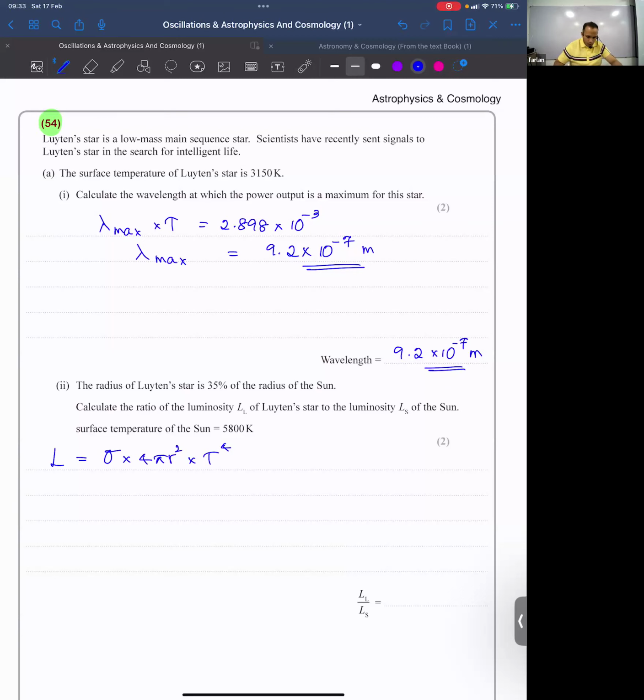Correct? So if I take, will you understand this? LL over LS is equal to RL square into TL to the power 4 over RS square into TS to the power 4. Do you understand this?